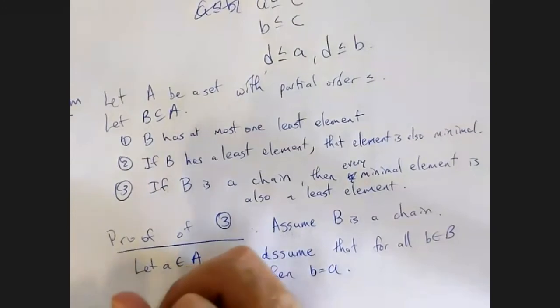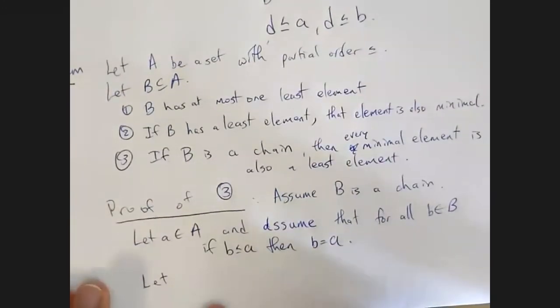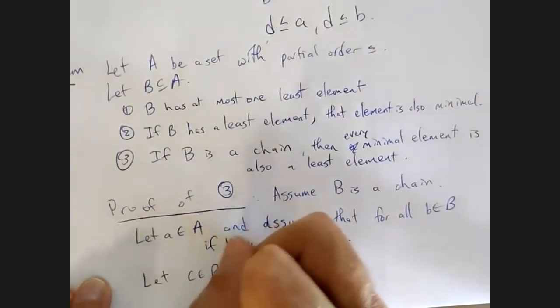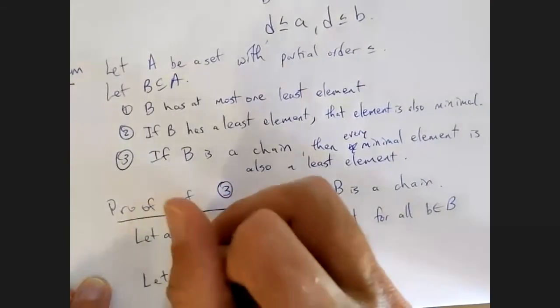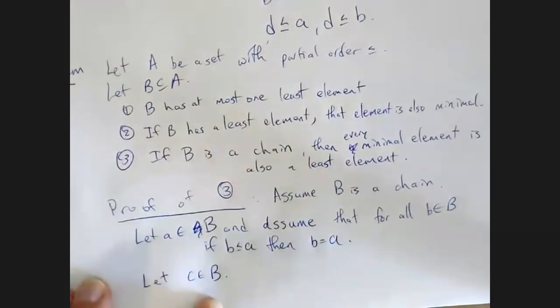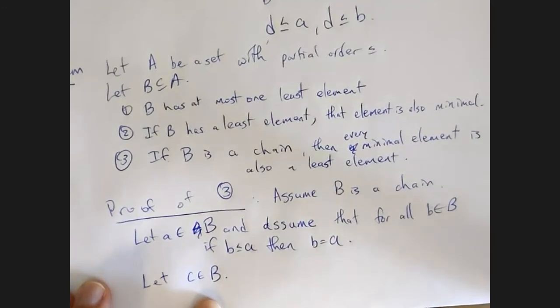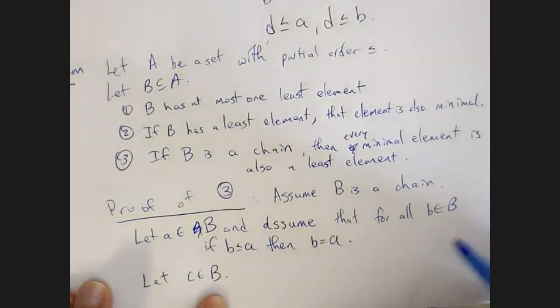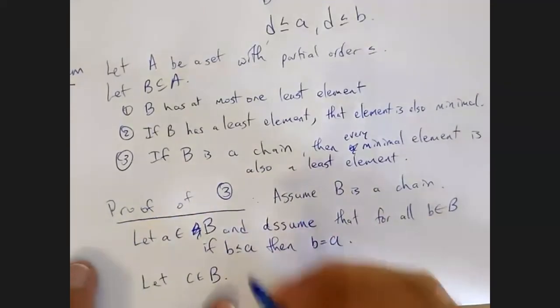So let's see. Let C be an element of B. Oh, and I should have said let A be an element of B as well. Sorry. So C is an element of B. Now B is a chain, so A and C are comparable.